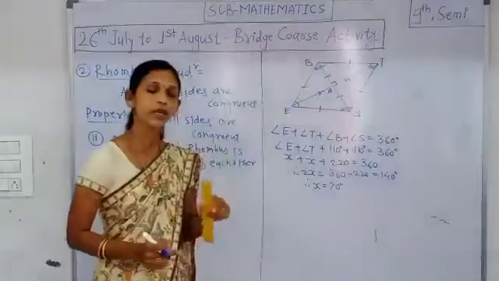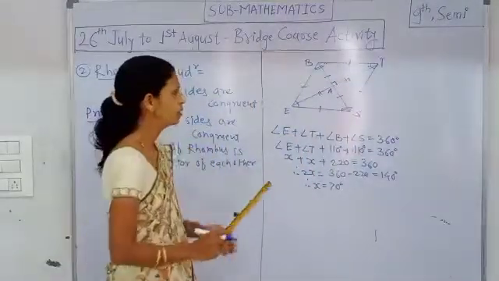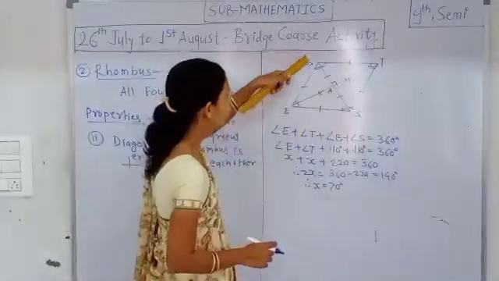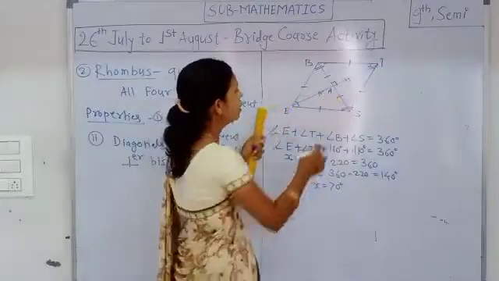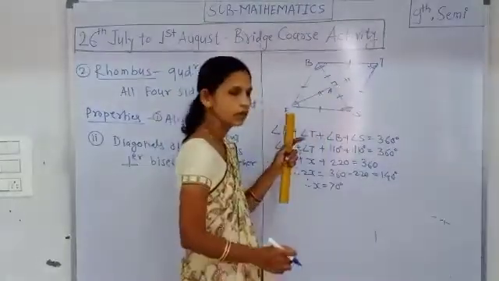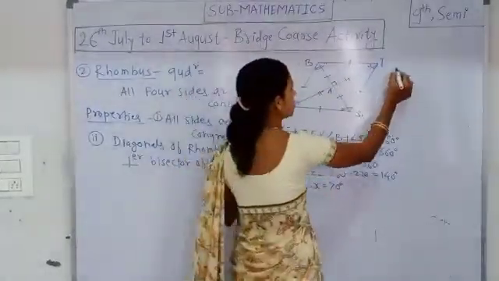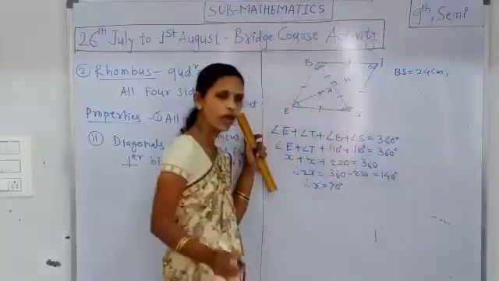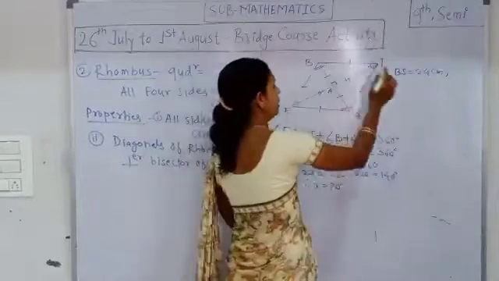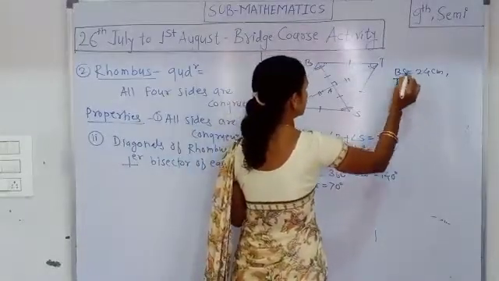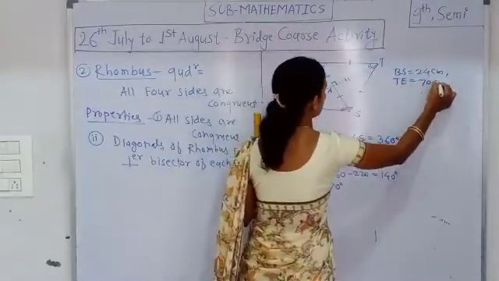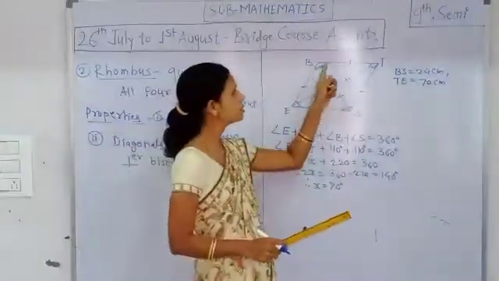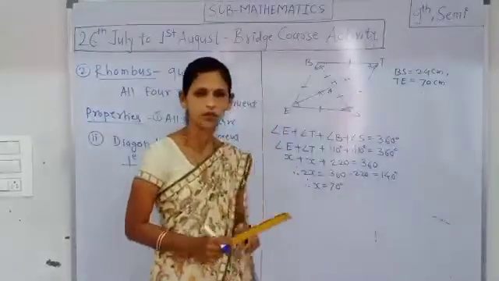Then one of the examples given here: one of the diagonals of the rhombus, that is BS, is given as 24 centimeters, and the other diagonal, ET or TE, is given as 70 centimeters. Then we can find out the side of that rhombus.